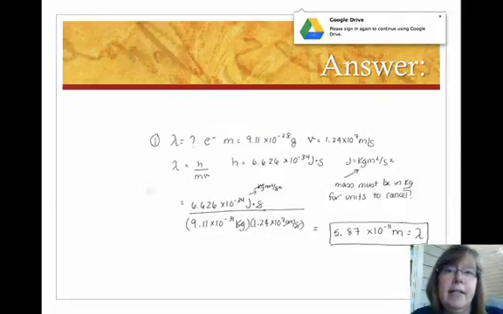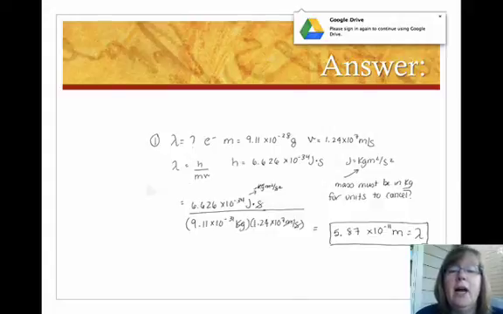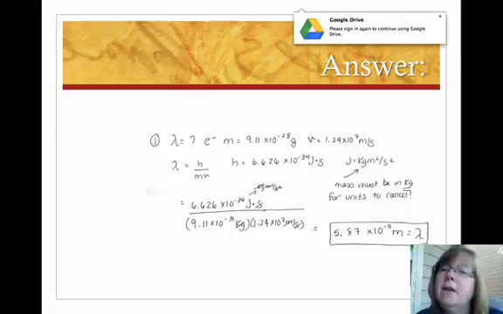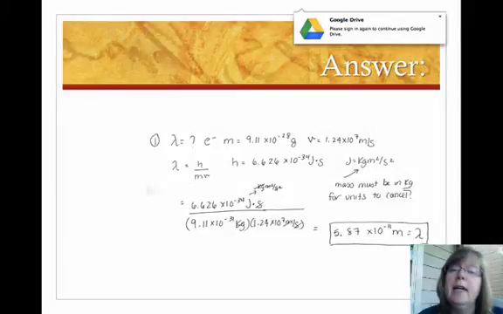Well, here's the answer. The wavelength of an electron is equal to Planck's constant, remembering that a joule is a kilogram meter squared per second squared, divided by the mass in kilograms of the electron. And when I converted the grams to kilograms, I got 9.11 times 10 to the negative 31st kilograms.